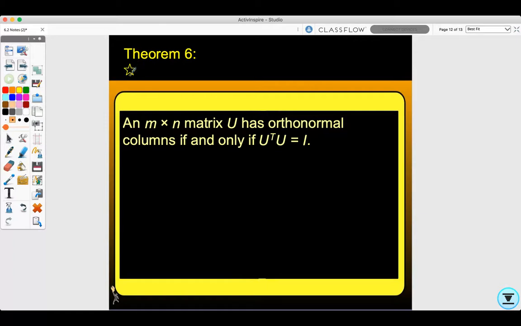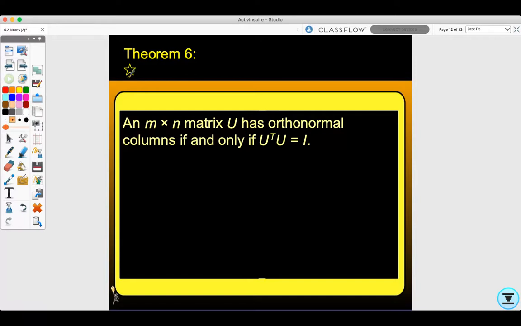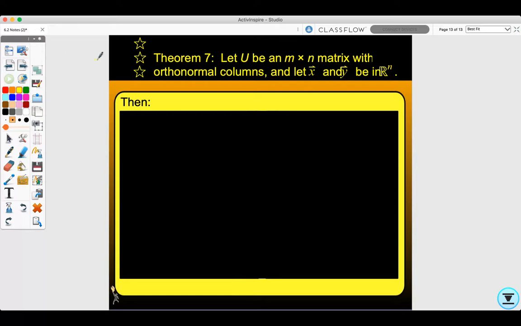Theorem 6. An M by N matrix U has orthonormal columns if and only if U transpose U equals I. Theorem 7. Let U be an M by N matrix with orthonormal columns, and let x and y be in Rn.